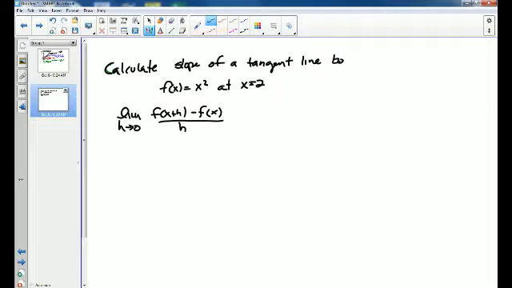We have an x value, correct? So it's a 2. So that's basically what we're going to do. We're going to calculate that. Right?